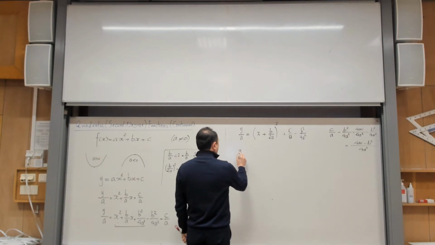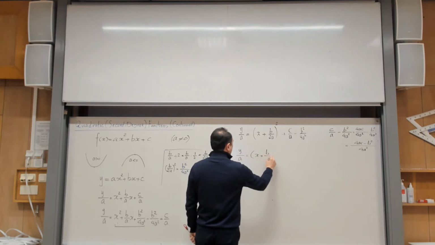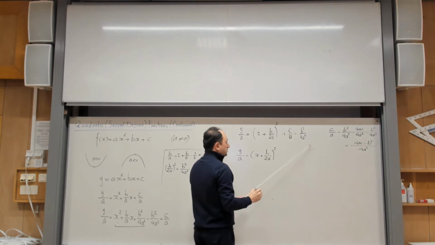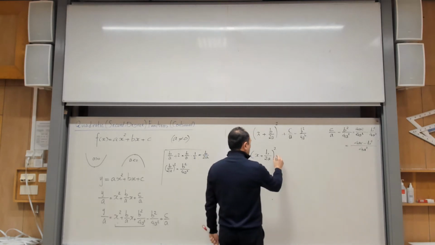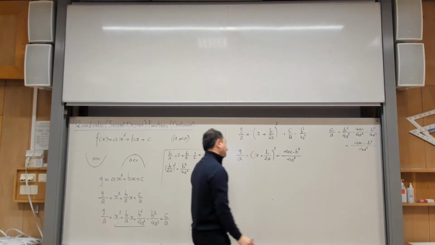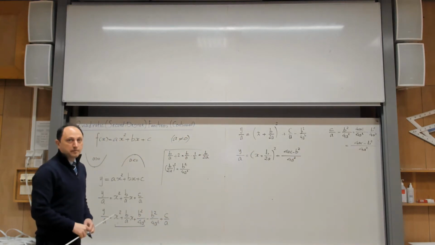I can write y over a is equal to x plus b over 2a squared. And then instead of this expression, I write this compact form, which is 4ac minus b squared over 4a squared. Yes?